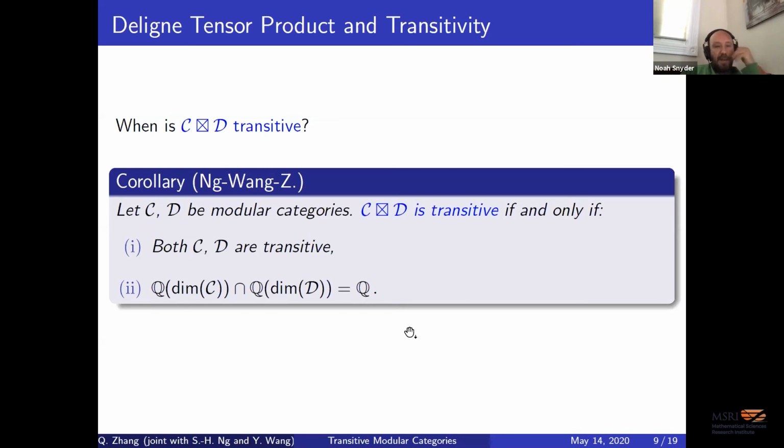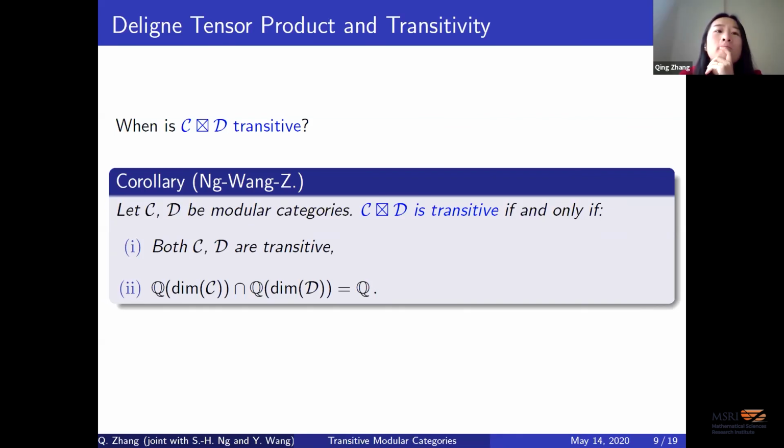Great, I see. So C tensor D is transitive if and only if both C and D are transitive. The first condition seems reasonable. How is the second condition contributing to the transitivity of the Deligne tensor product? Could you say a few words about what condition 2 has to do with this theorem?